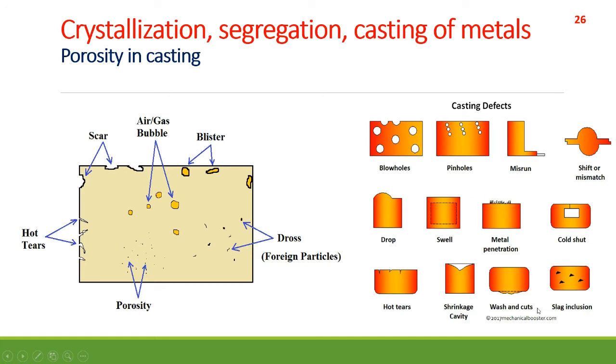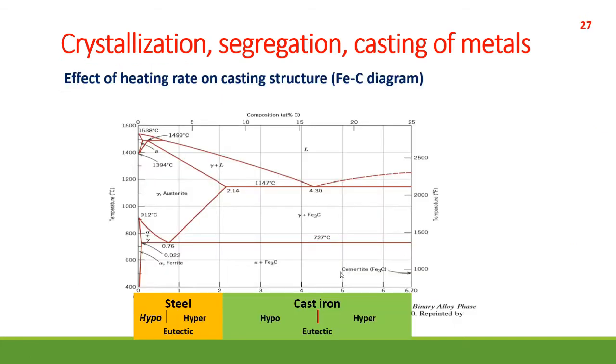This is slag inclusion, wash and cuts, shrinkage cavity, and hot tears. So you see, these are hot tears. Next time if you see this kind of defect on your metal surface, you can figure out which kind of defect it is.